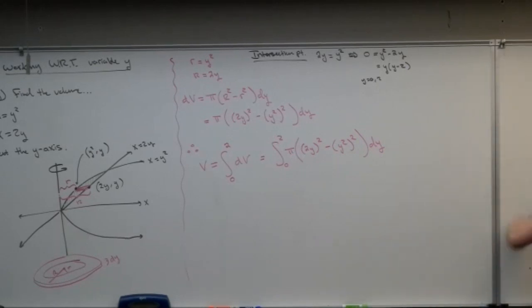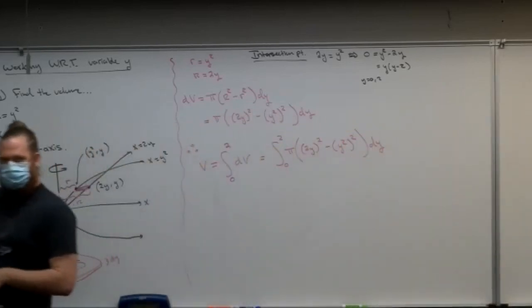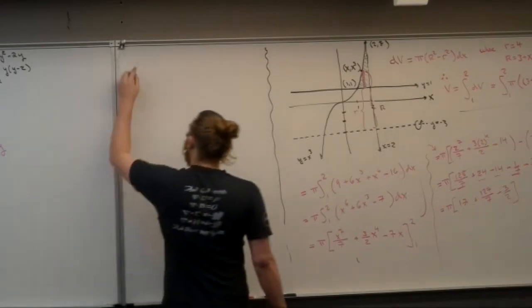And I'll do this again on Wednesday after we talk about the cylindrical shells method, and I'll contrast the two. Closest thing to a formula that will never let you down, right? If you bank on formulas you find on the internet, they will let you down.